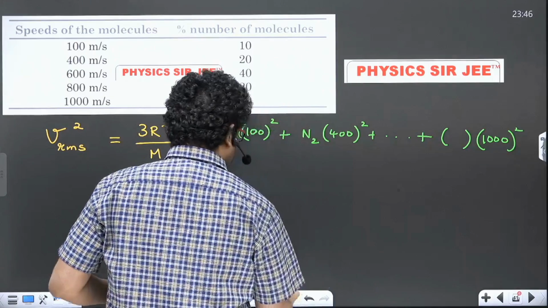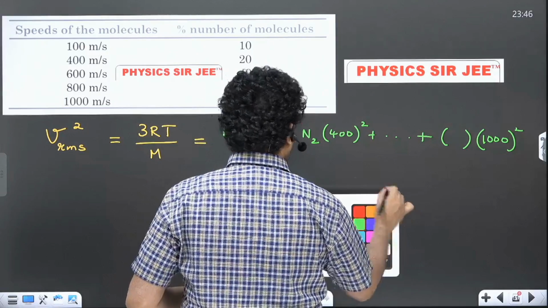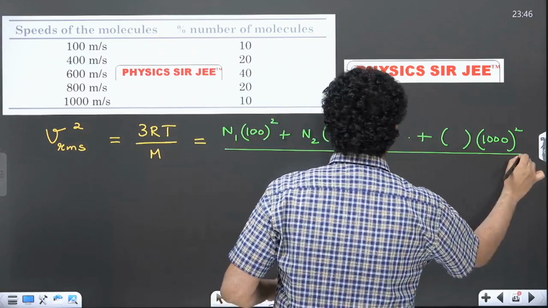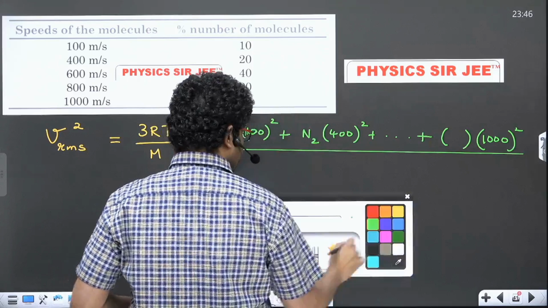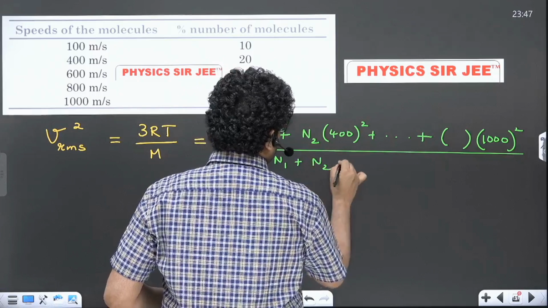And then you divide this entire thing with the sum of all n's, right? So n1 plus n2 plus so on and so forth.